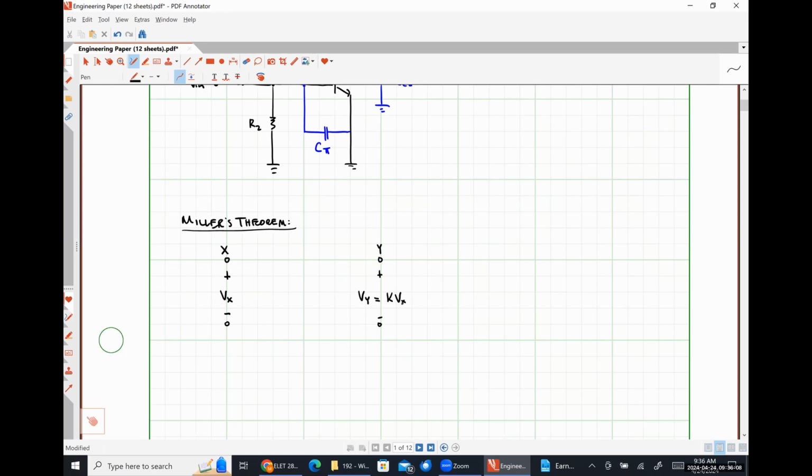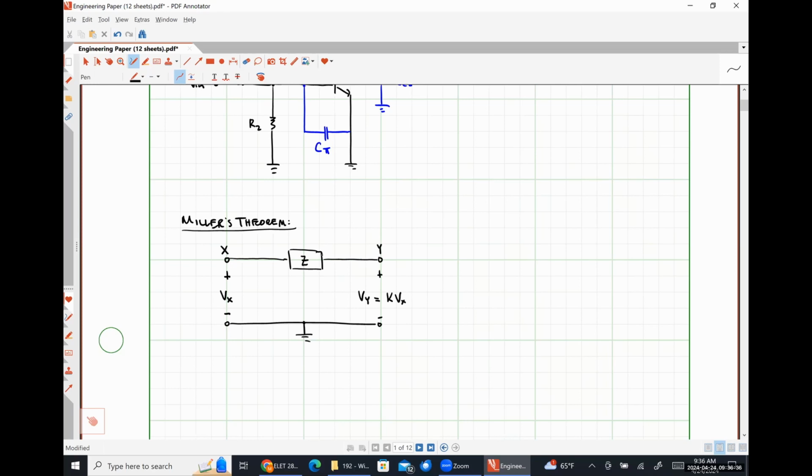Well, if we connect these two networks, so let's tie these guys together and put ground in the middle. And let's connect these two networks by a floating impedance that I'm going to call Z. So this floating impedance could represent a resistance, a capacitance, an inductance.